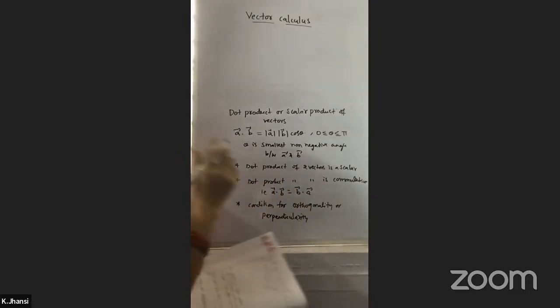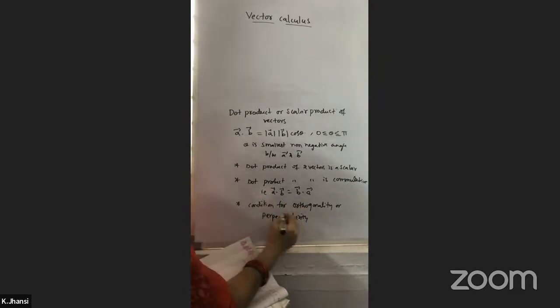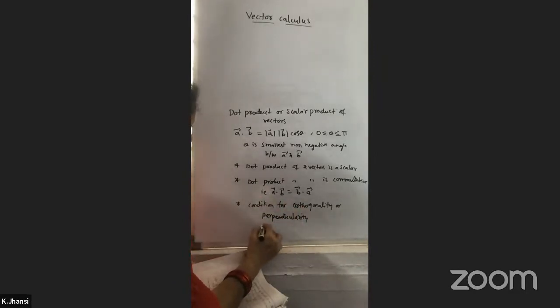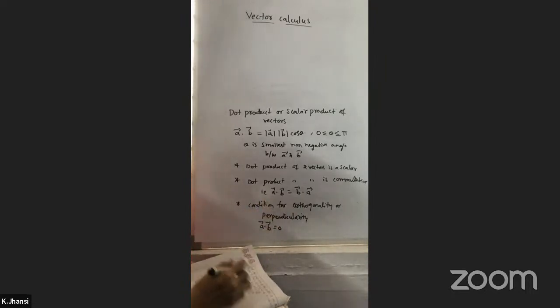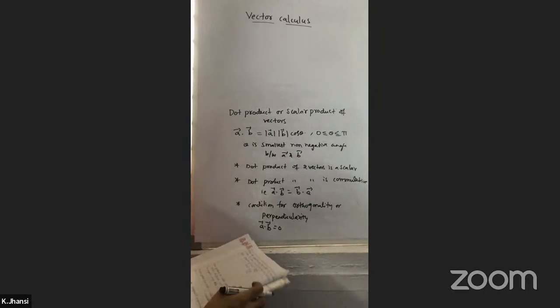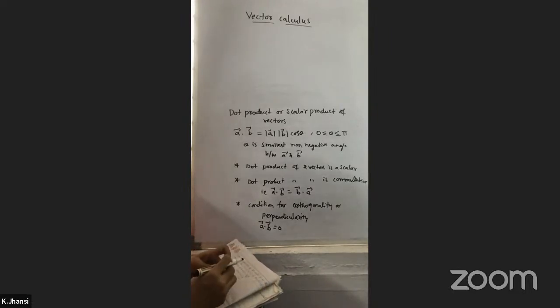So the condition is that A dot B is equal to 0. Okay, this is the important one. Just now we have seen the problem. That is the condition for orthogonality. If two vectors are mutually perpendicular, the condition is A dot B equals 0. So whatever the answer, if you get it as 0, then the two vectors are mutually perpendicular to each other, or they are orthogonal to each other.